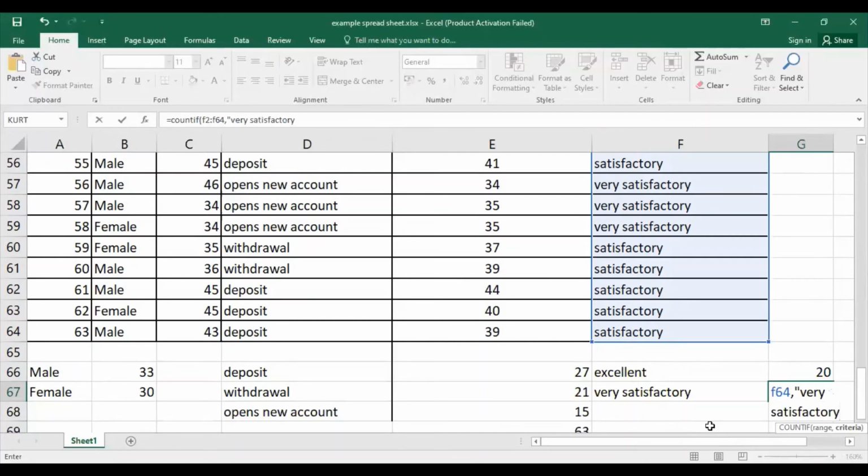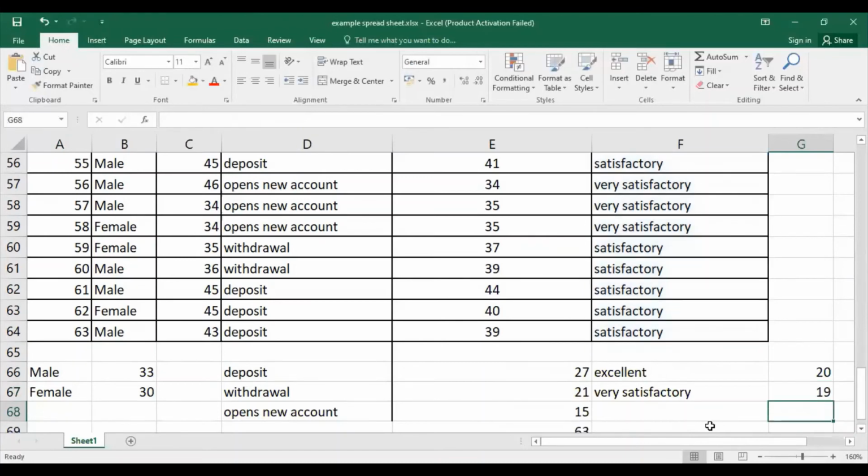Okay, quotation and close parenthesis equals 19. So there are 19 clients who rated the services of the bank personnel as very satisfactory.